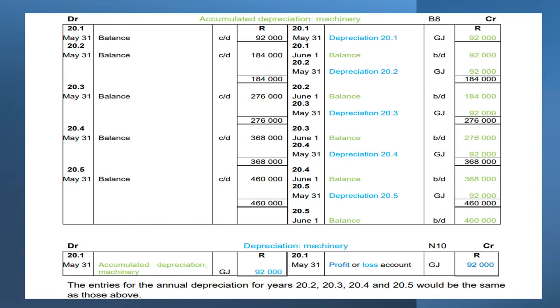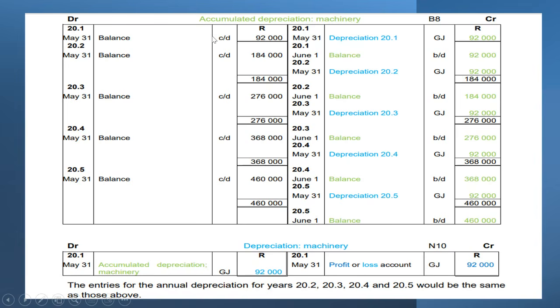Then we know that the debit must be equal to the credit. Both sides must be equal. So we have 92,000 rand now for year 1 on the credit. So we also need to have 92,000 on the debit side. That 92,000 will be our balance carried down. So we are trying to balance both debit and credit.